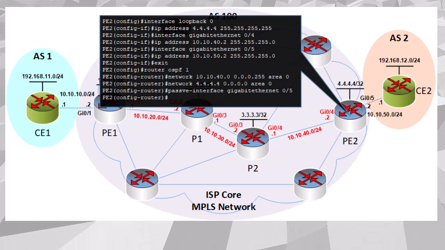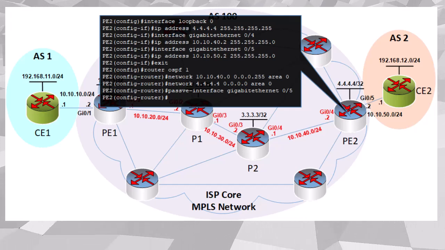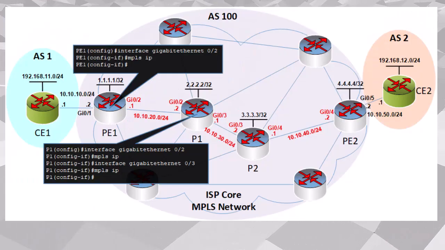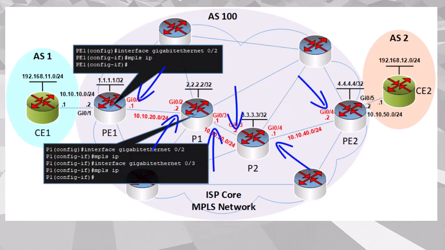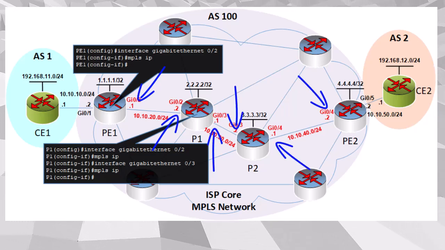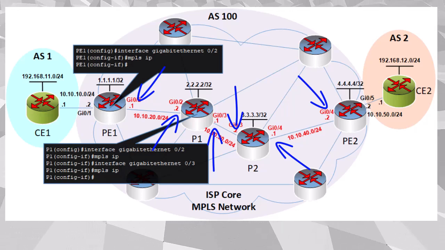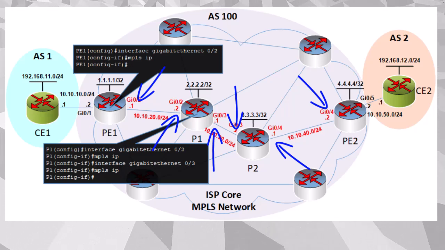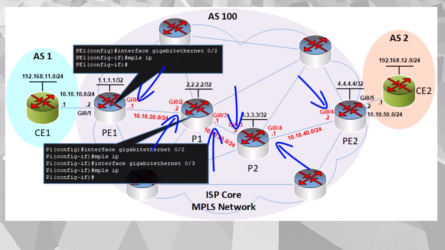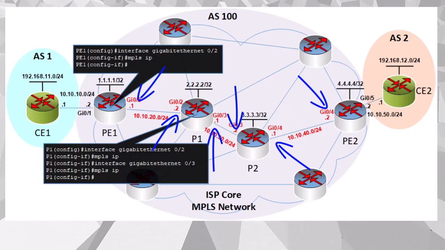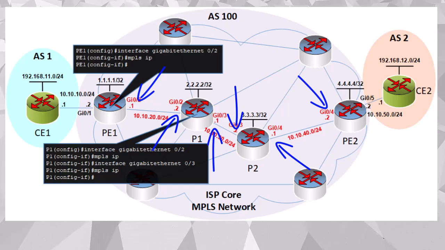Now the next step is to enable MPLS and the LDP protocol. To do that, we simply have to enable MPLS on all those interfaces through which the P and PE routers will create LDP adjacencies. That means all non-customer connecting interfaces on the PEs and all physical interfaces of the P routers.